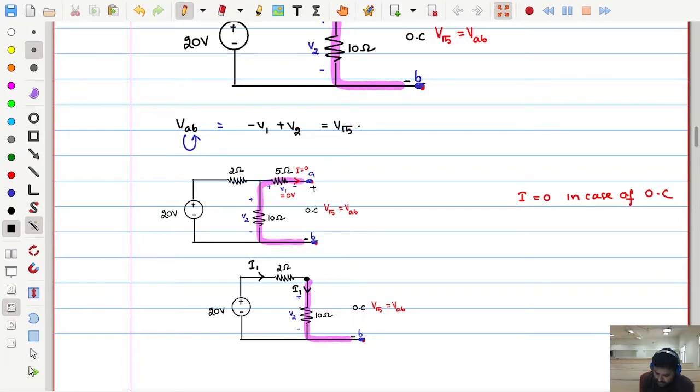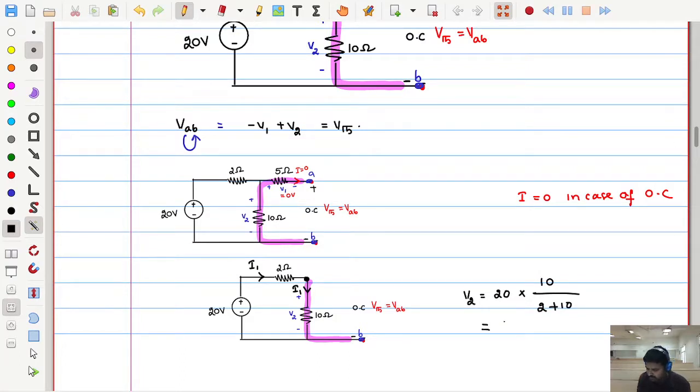Now can we find the voltage V2 by using the voltage division rule? V2 is equal to the total applied voltage across these two branches into whichever branch's resistance, divided by the total resistance of the two branches, 2 plus 10. So how much is this value? How much is this voltage? Check it. So this is 200 divided by 12.